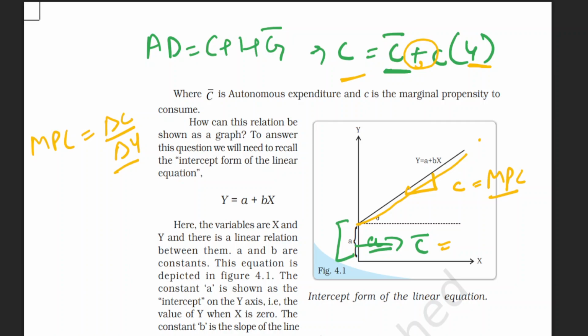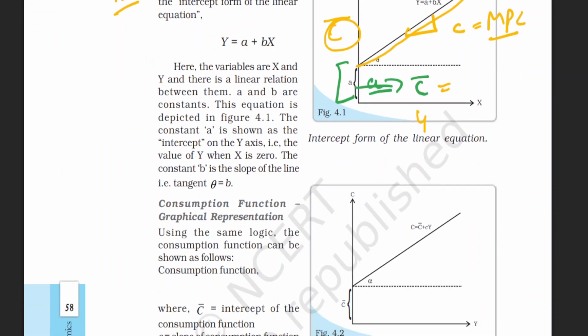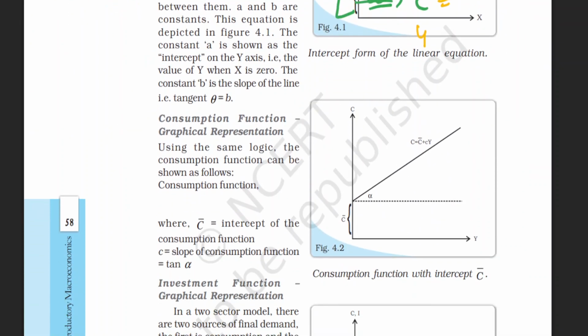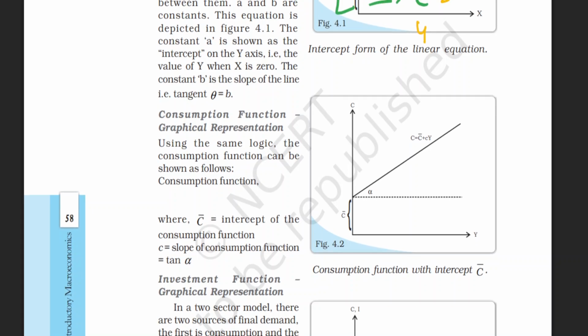On the x-axis you will be plotting the income part, and on the y-axis the consumption part. This shows you that C is a dependent variable and Y is an independent variable. Right, I hope it's clear about the consumption function representation, where C bar stands for the intercept, and this particular value stands for the consumption function completely.